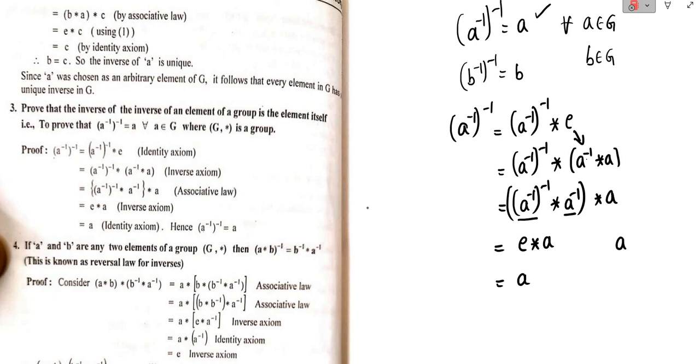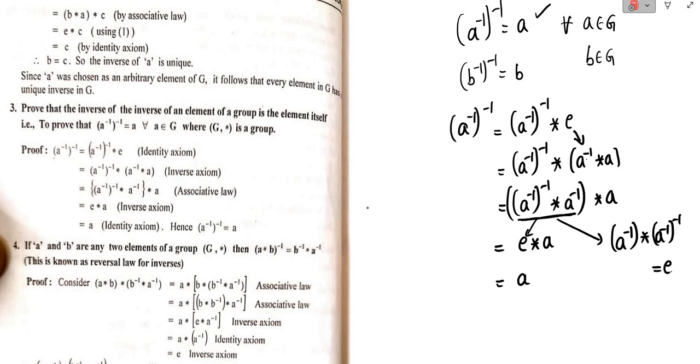So, the element here is a inverse. The inverse of that is (a inverse) inverse. Element * inverse of that same element equals e. That's why I am replacing this with e.